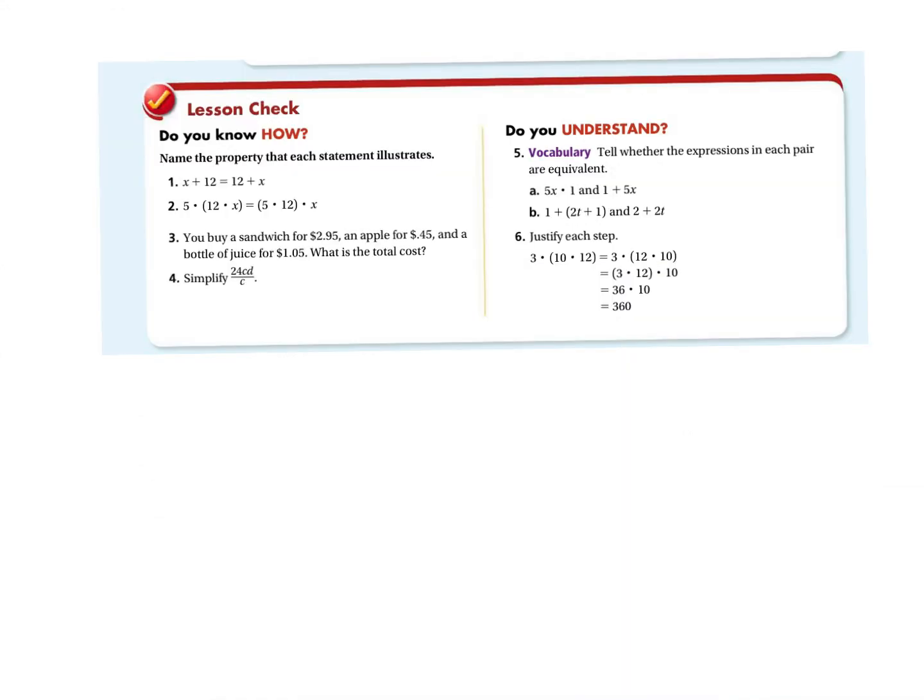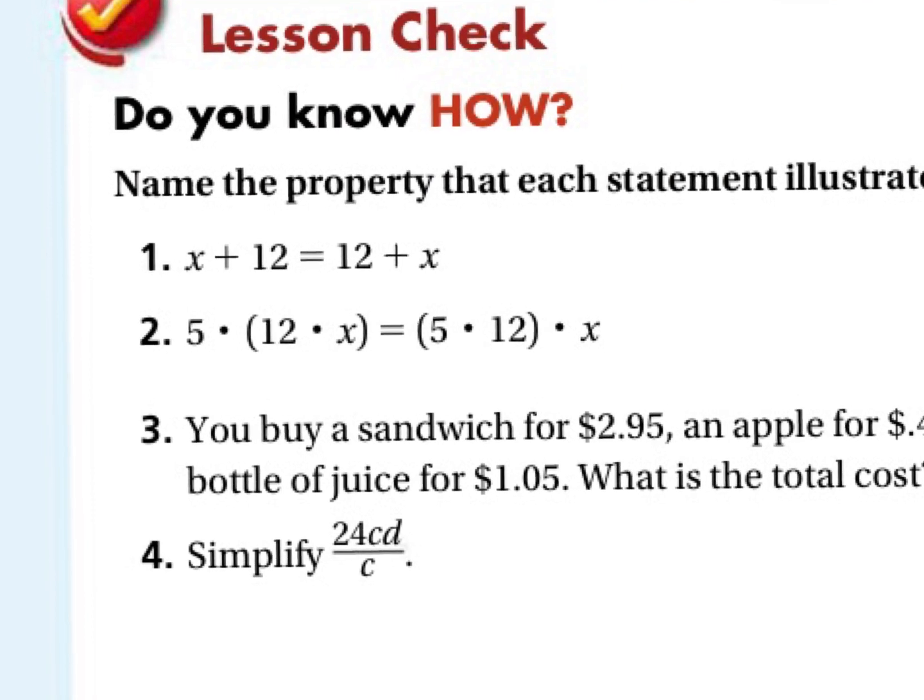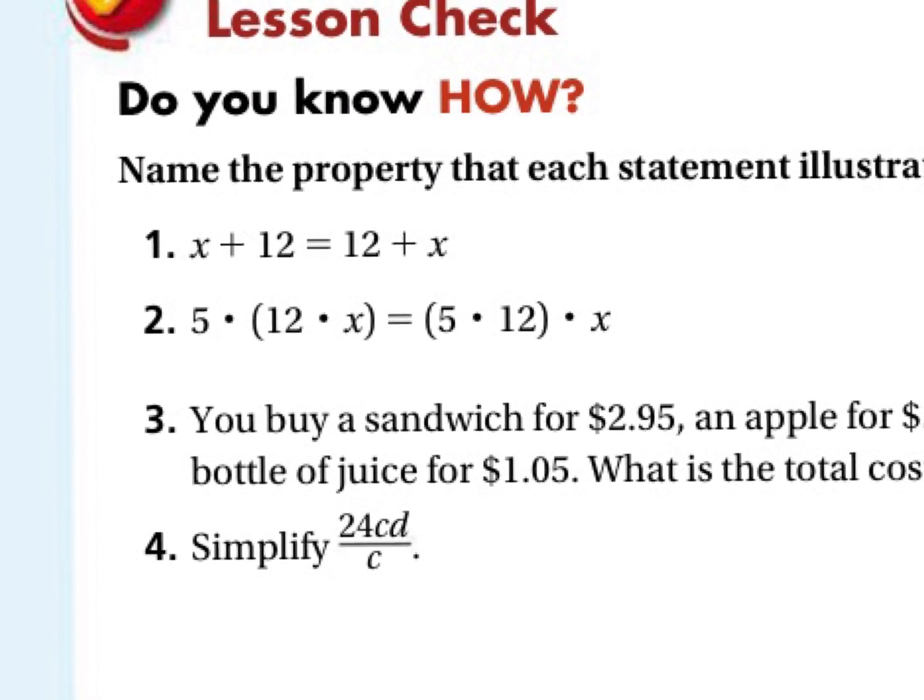So if we look at the Lesson Check number 1, we've got x plus 12 equals 12 plus x. So they're wanting us to tell what that property is. Think about what happened there. They changed the order. That's the commutative property. Okay, it's commutative property of addition, we could say.